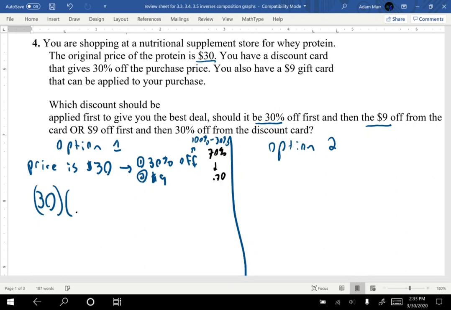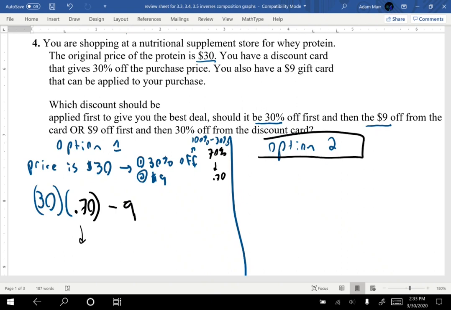So we're going to say 30 times 0.70. This is my 30% off, signified by 0.70. And then from there, I'm taking $9 off. So you have 30 times 0.70 minus 9. I'll let you figure out what that is for yourself.